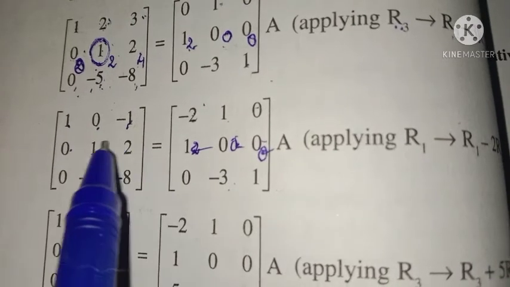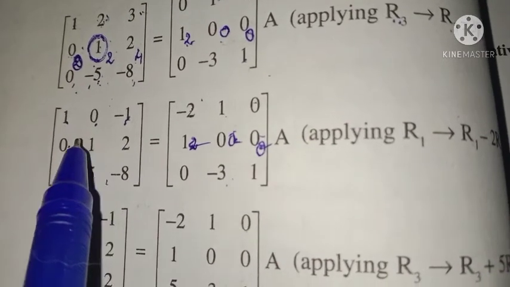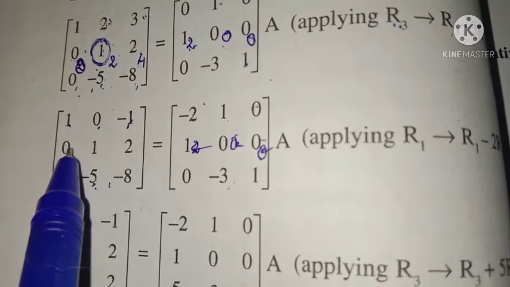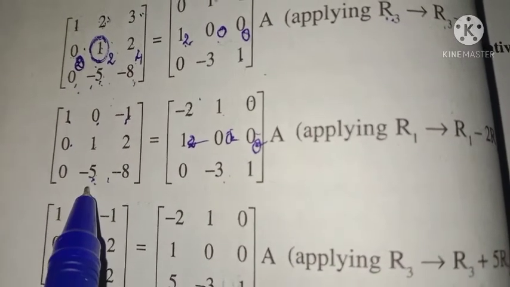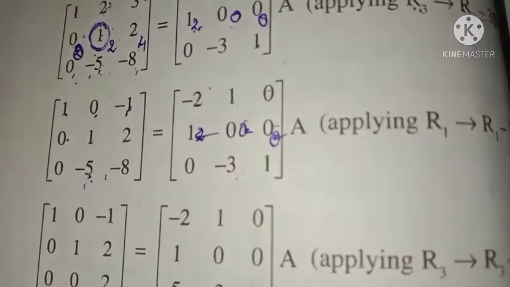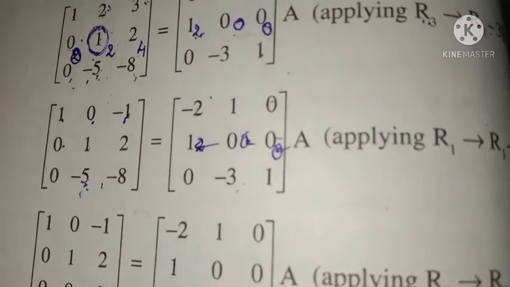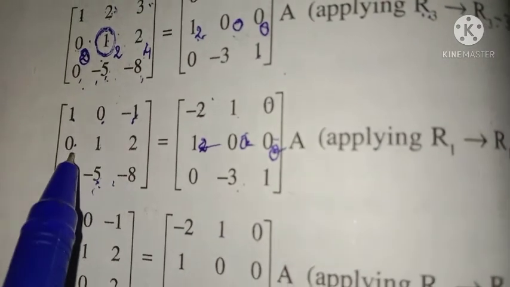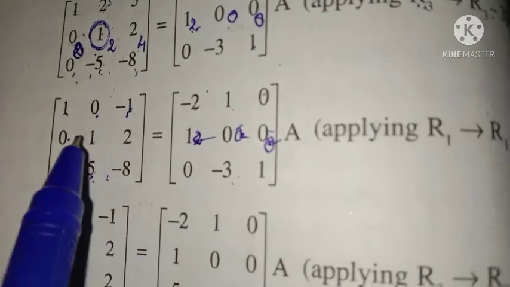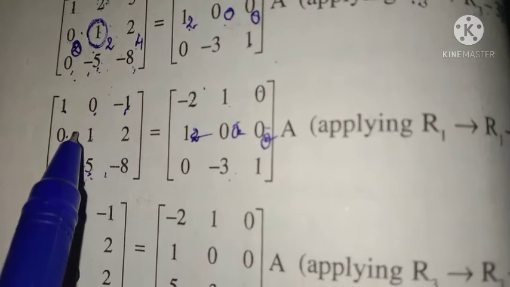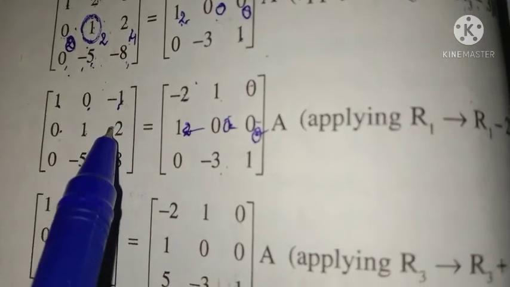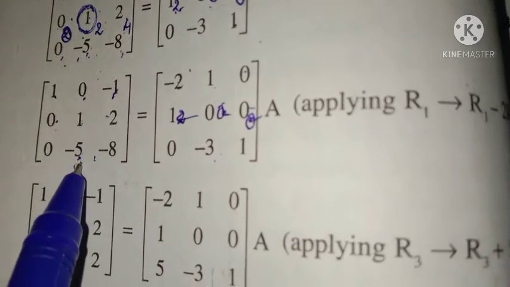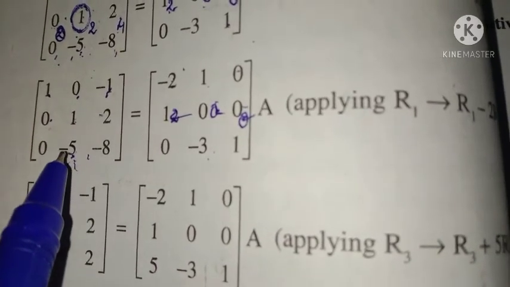In this second row, this element is 1. If we multiply this element by 5, then add to this number, this becomes 0. So we are multiplying the elements in the second row by a scalar, and the resulting elements are added to the third row. That is the procedure.